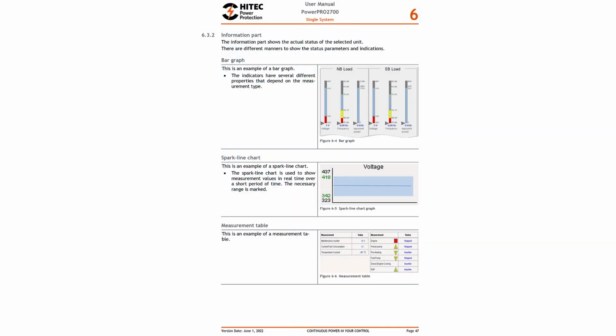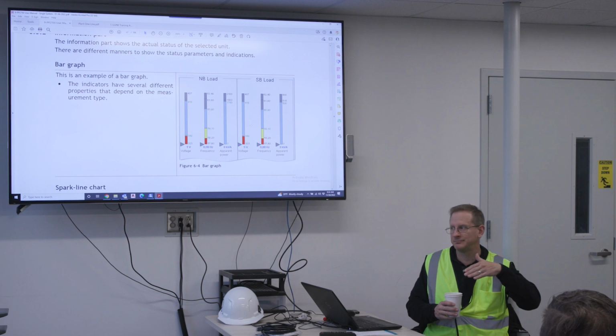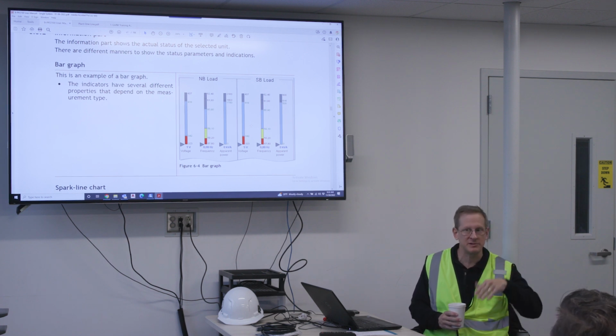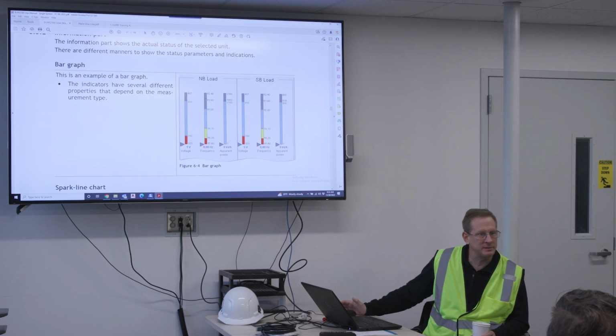All right, this just goes into some explanation of the screens you'll see, and you've got a lot of bar graph information in various screens. Sometimes in the bar graph you'll see an area of what you'd expect to see for normal operating conditions of that particular measurement, as well as red areas, red being bad.